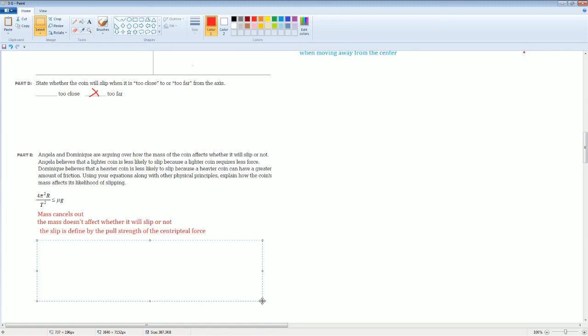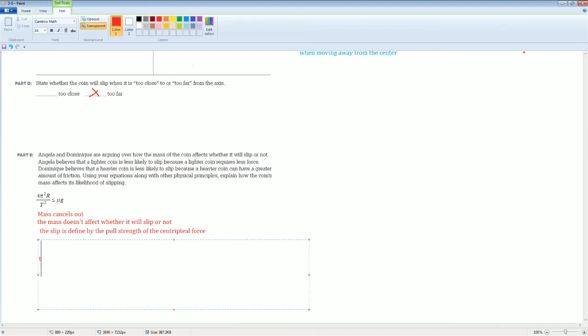The only thing, the centripetal force that is pulling in the coin doesn't rely on its mass.